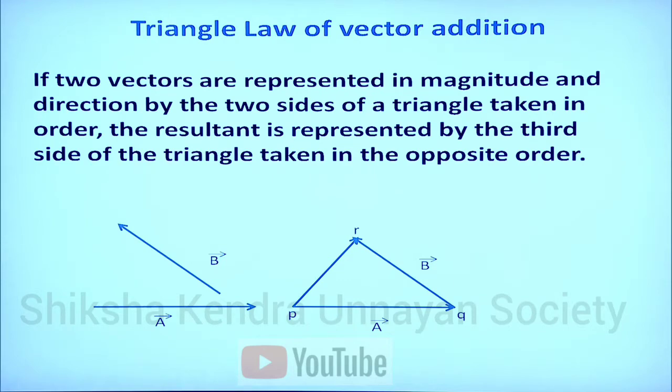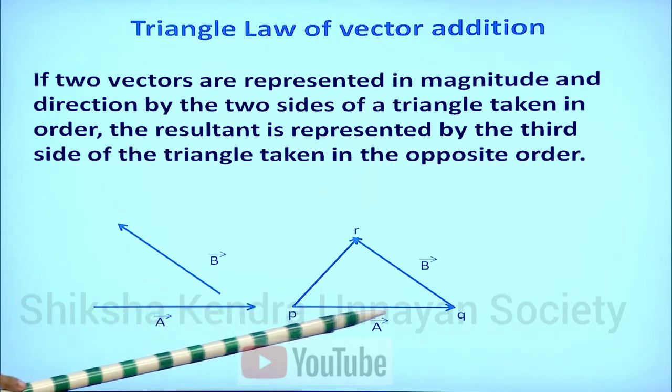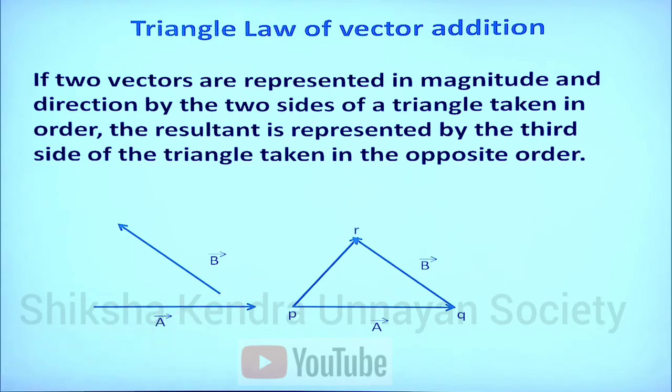Now, we can represent the vector A by the side PQ of the triangle PQR. We can represent any vector by the translation of the vector in the same direction. A and the side PQ are parallel to each other and the same in length.